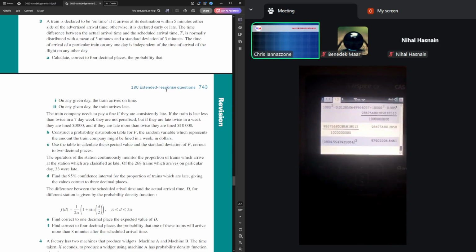Okay, so it's E of x squared, which was this one, minus E of x all squared, which is that one, and then square rooting the whole thing. Standard deviation 879.